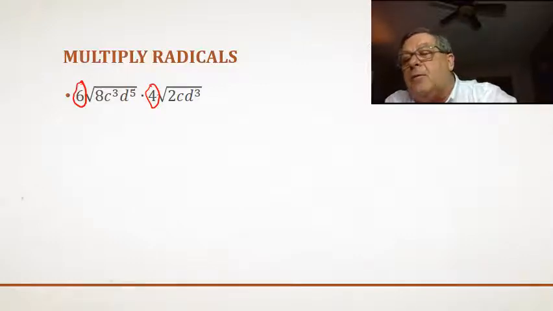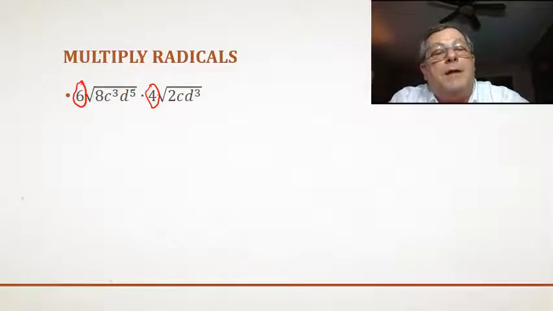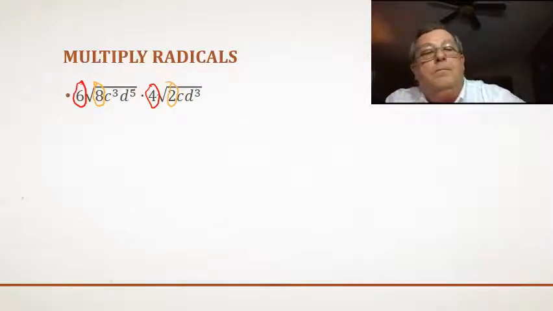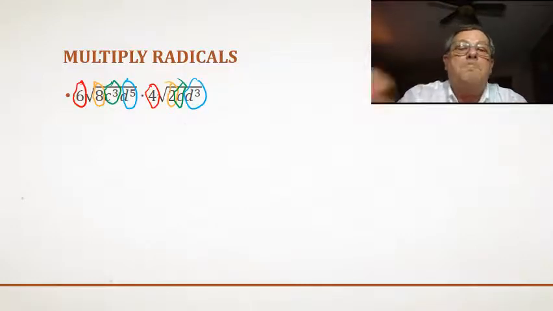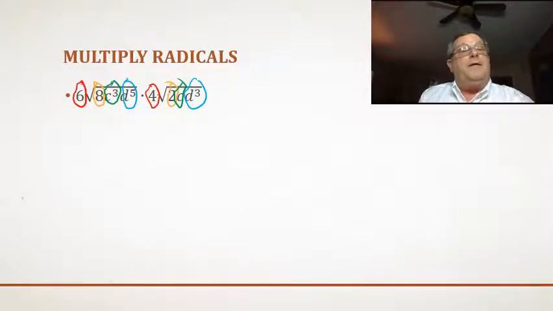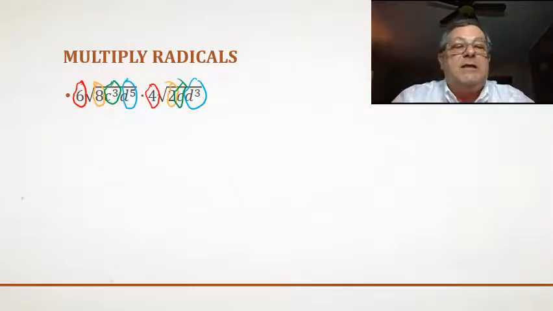And then inside the radical, we're going to multiply each like term together. So we got an 8 and a 2. We got a c cubed and a c. And we've got a d to the 5th and d to the 3rd. And then after we do that, we're going to see if we can simplify it.